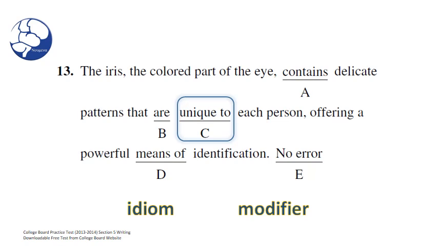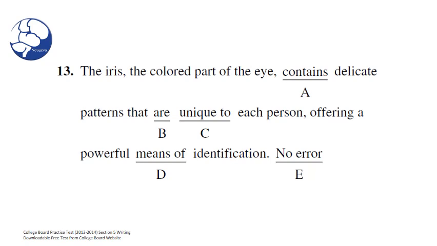Awesome. All right, so let's look at our last choice before we get to E. D, "means of." Offering a powerful means of identification. Again, is this possibly an idiom error? What did we say about idioms?